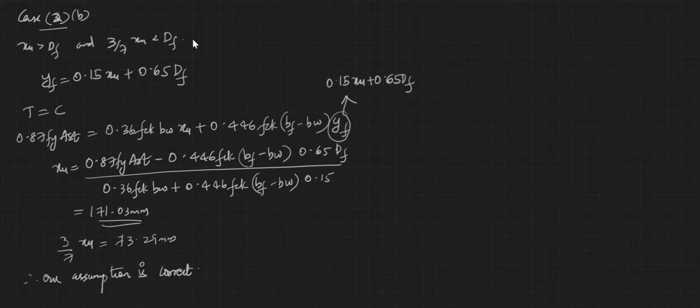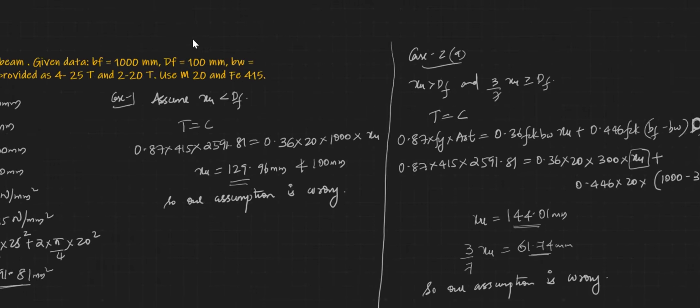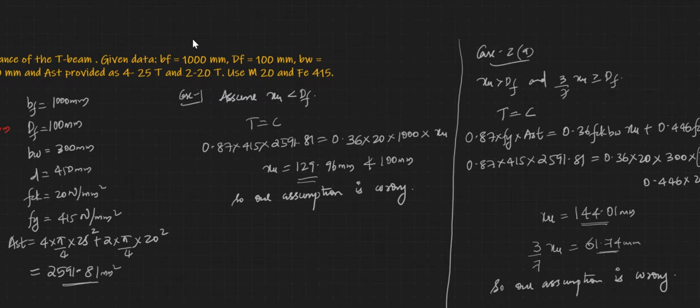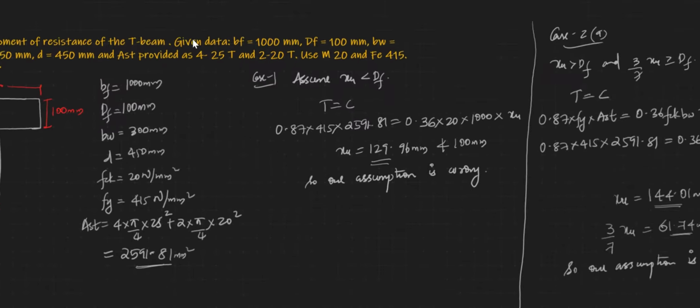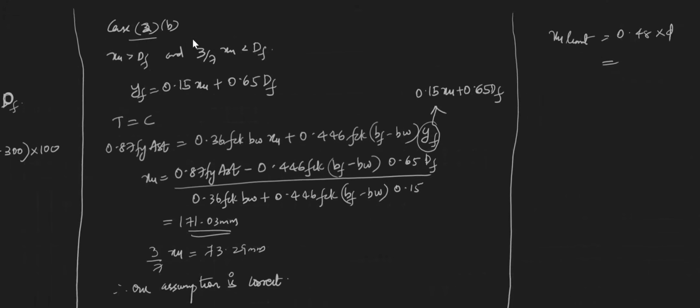So we need to now check for this section to be under reinforced or over reinforced, so I have XU limit for this section as 0.48 into D. The D value is given as 450 mm.